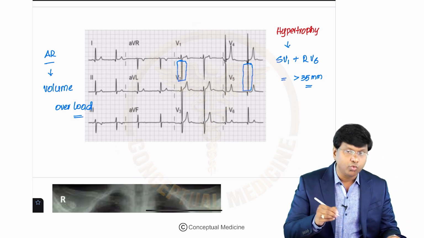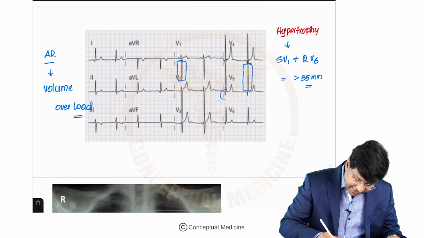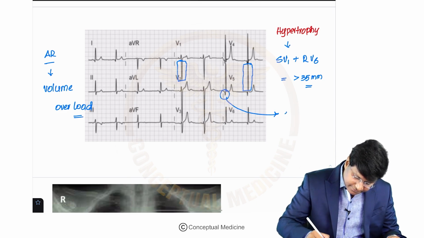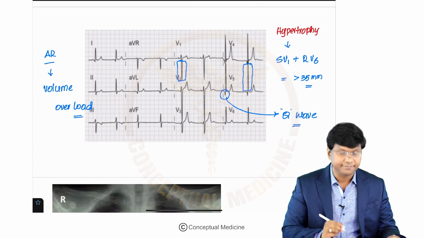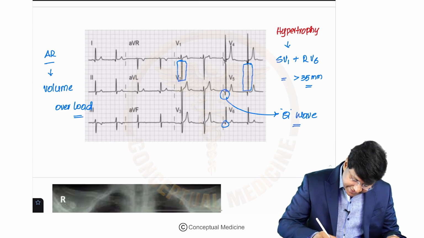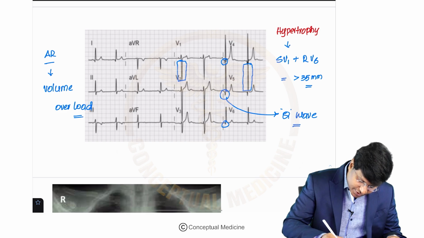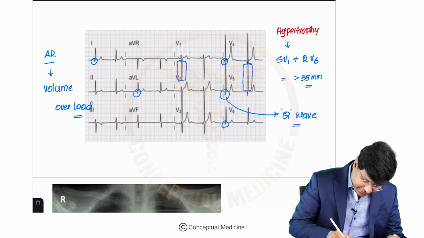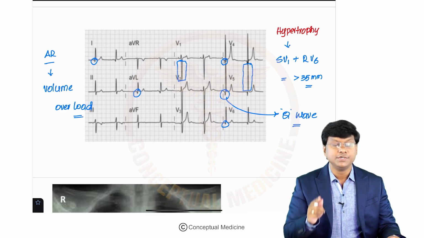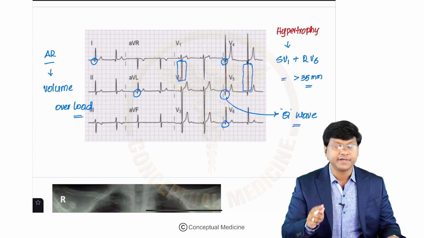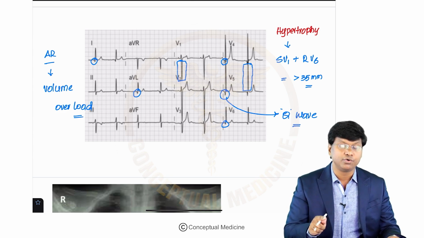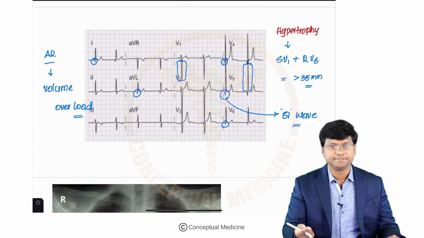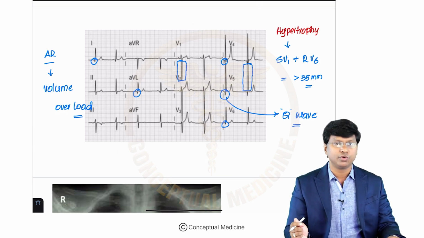Because of this volume overload, you have the presence of the deep Q wave. So you can appreciate this Q wave. Okay, see, this is a Q wave. So you have the deep Q wave. So please remember, the presence of a deep Q wave is suggestive of a volume overload state.